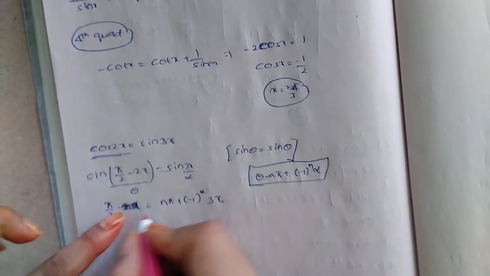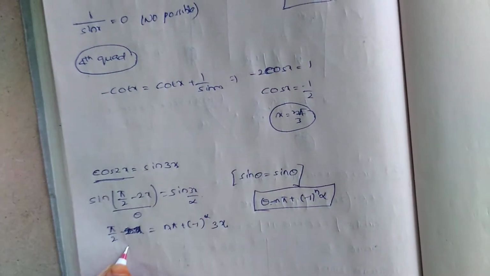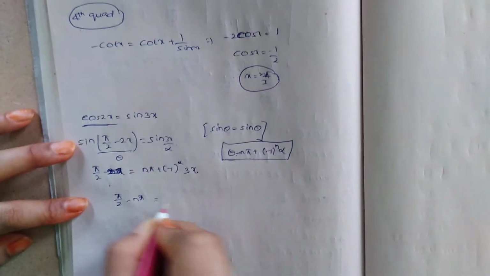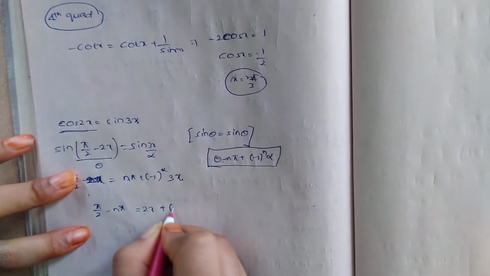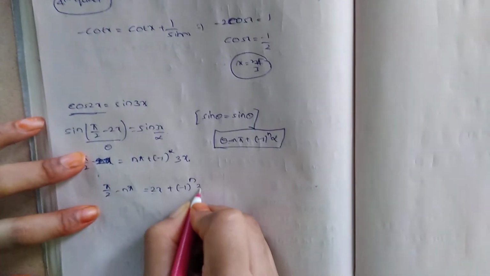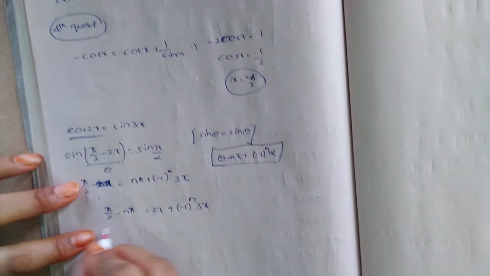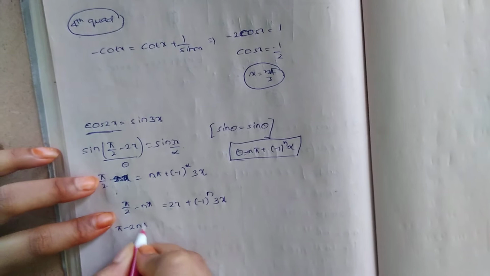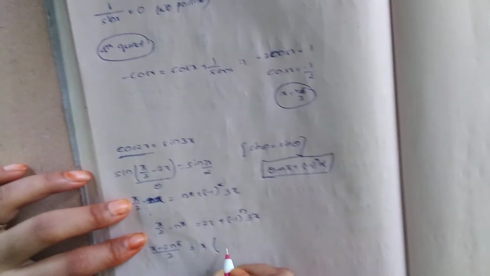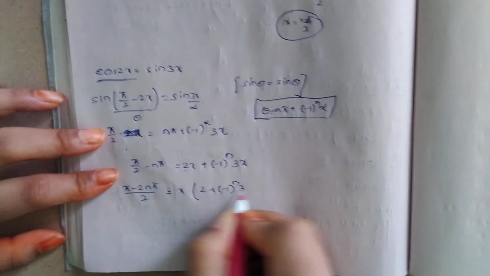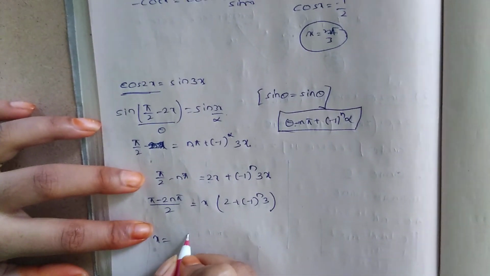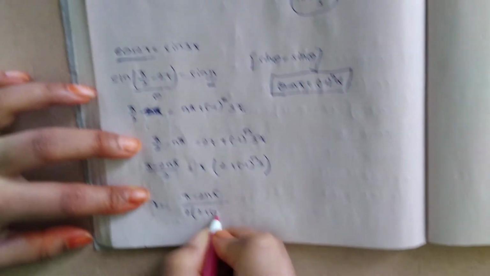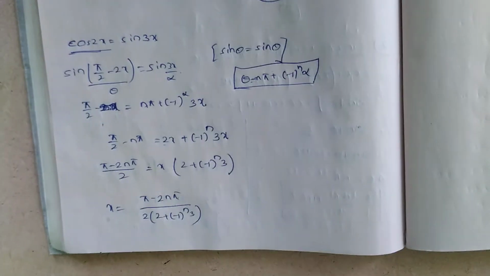Now rearrange it. Send this side and n pi to this side. What do you get? Pi by 2 minus n pi is equal to 2x plus minus 1 power n into 3x. Now pi minus 2n pi by 2 is equal to x of 2 plus minus 1 power n into 3, where x is pi minus 2n pi by 2 into 2 plus minus 1 whole power n into 3.